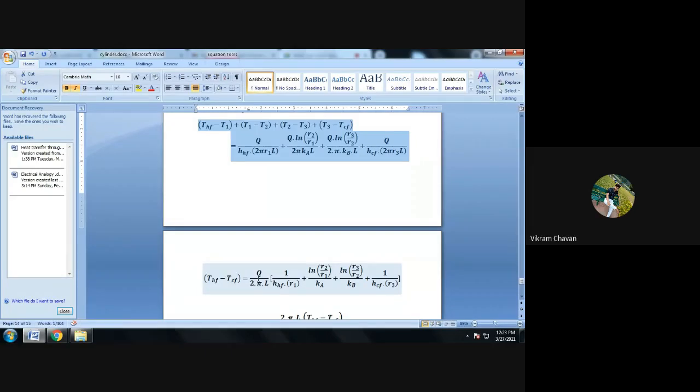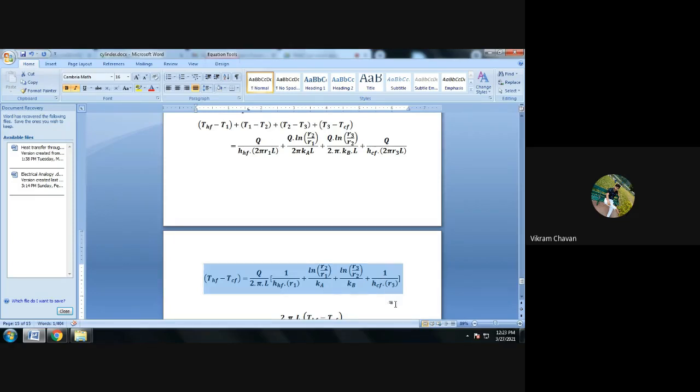Inside the bracket what remains? From the first term, only 1 divided by h_HF × R1, plus from the second term ln(R2/R1) divided by k_A, plus from the third term ln(R3/R2) divided by k_B, plus from the last term 1 divided by h_CF × R3.